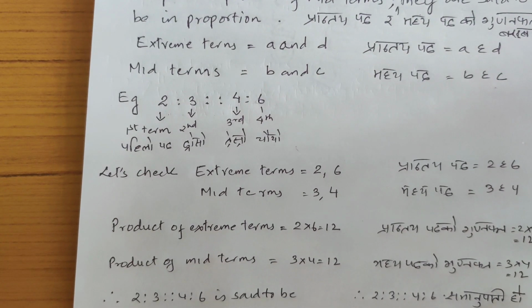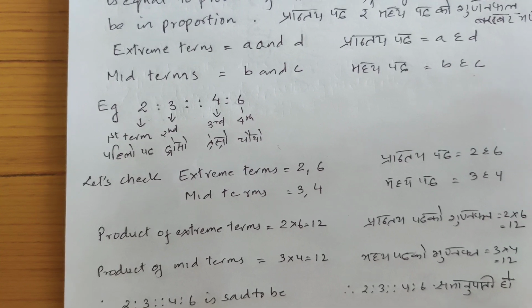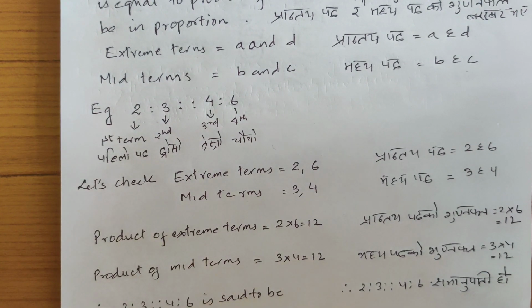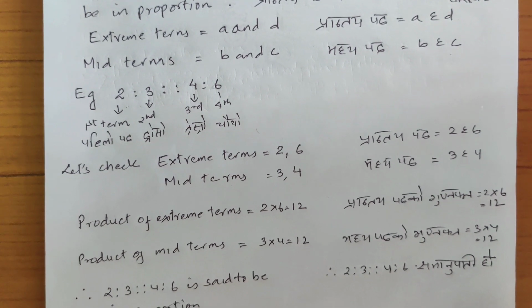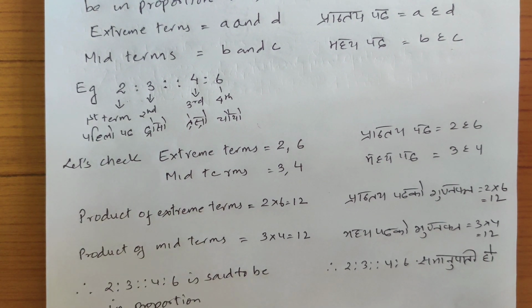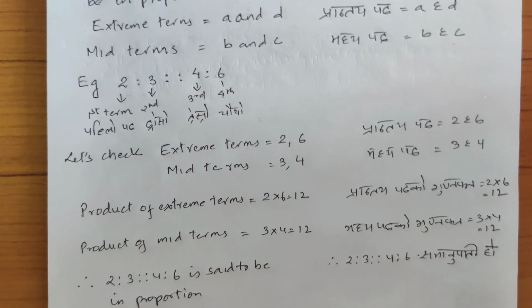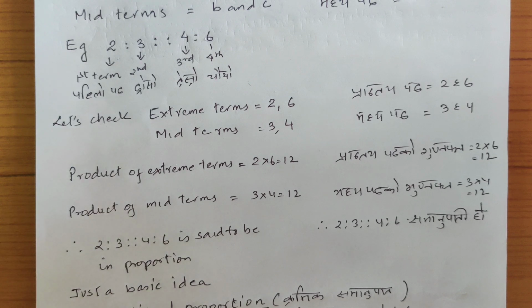Now I've found out the product of extreme terms, 2 and 6, which is 2 into 6 equals 12, and product of mid terms, 3 into 4 equals 12. So I can see that the product of extreme terms and the product of mid terms are equal. Therefore I can say 2 is to 3, double colon 4 is to 6 is said to be in proportion. So just a basic idea on what is a proportion.